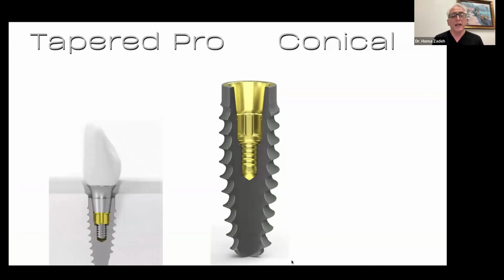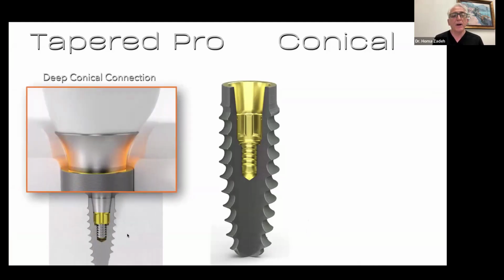So you could see that this implant has a very deep conical connection, and that allows one to design the abutments that have the implants to be placed subcrestally, and the abutments to have a more acute angle and not have too divergent of an angle. So the deep conical connection is very important for the stability of the peri-implant tissues, stability of the implant abutment junction to allow subcrestal positioning.